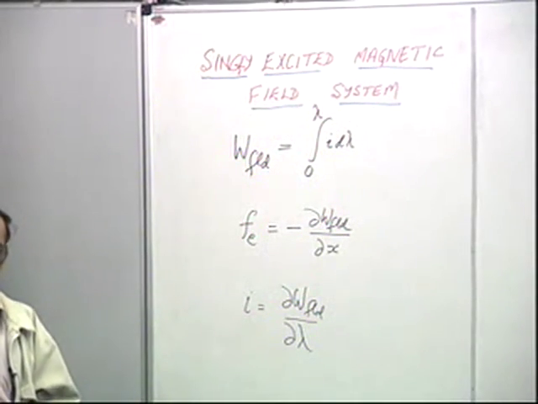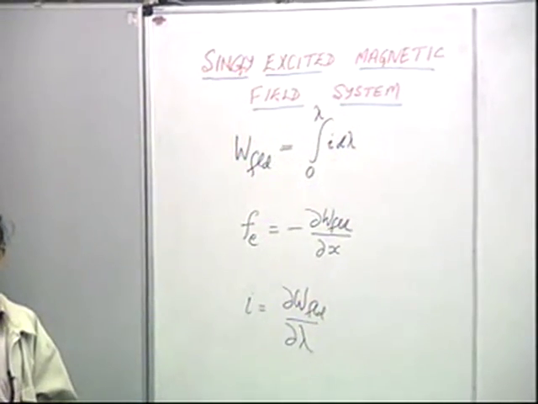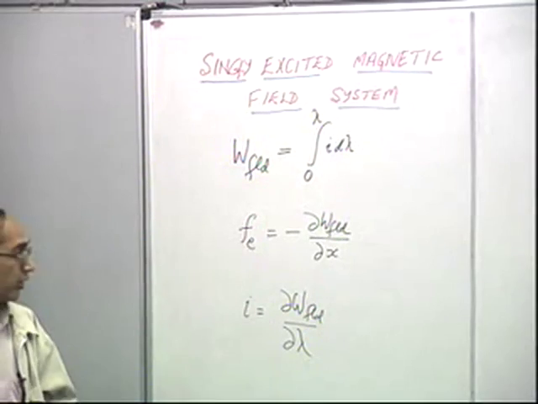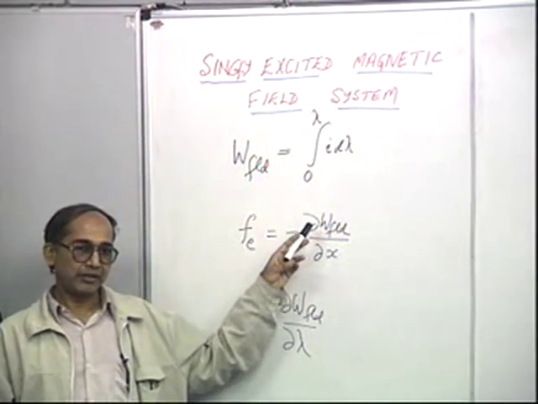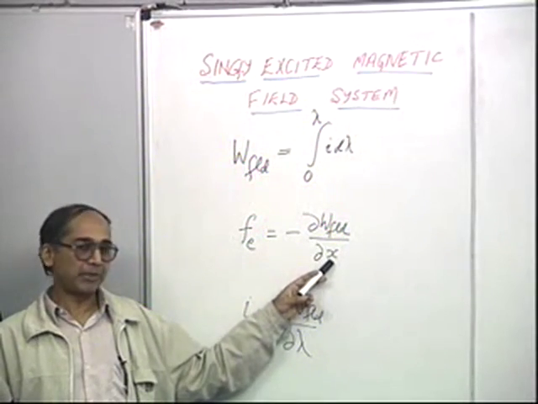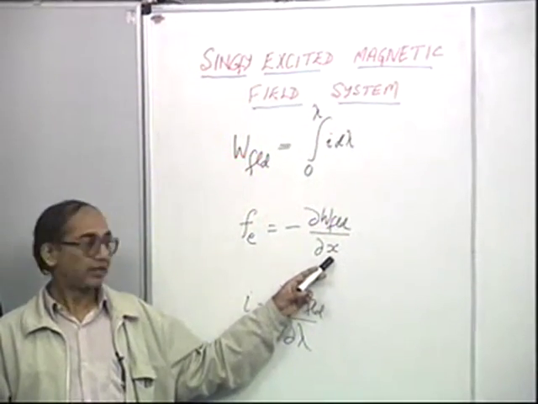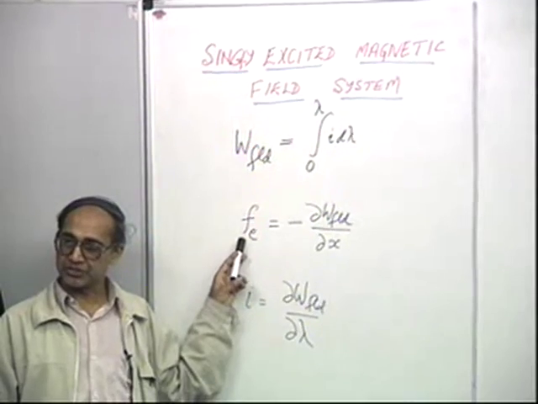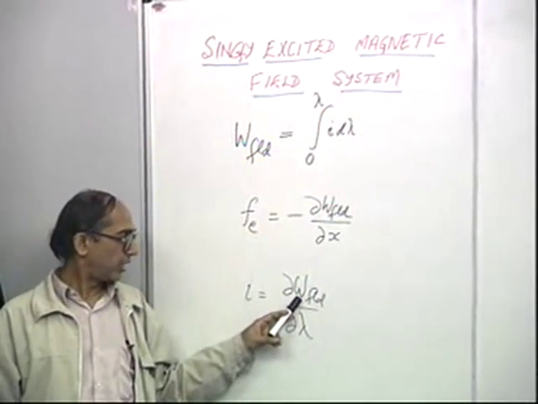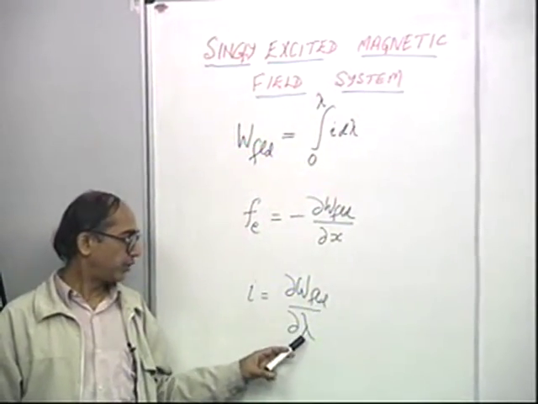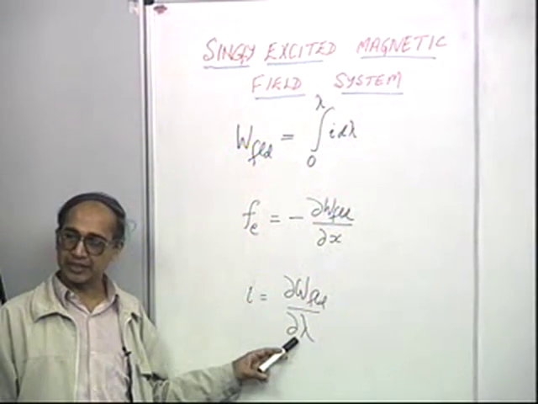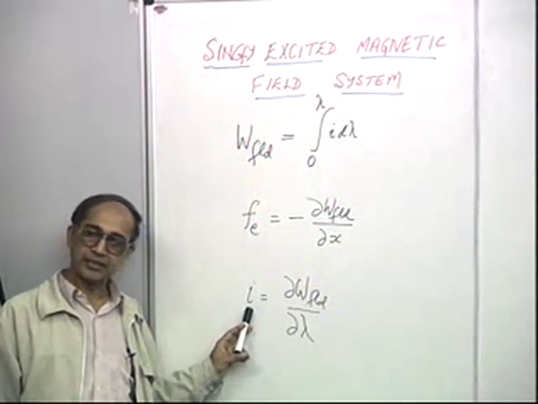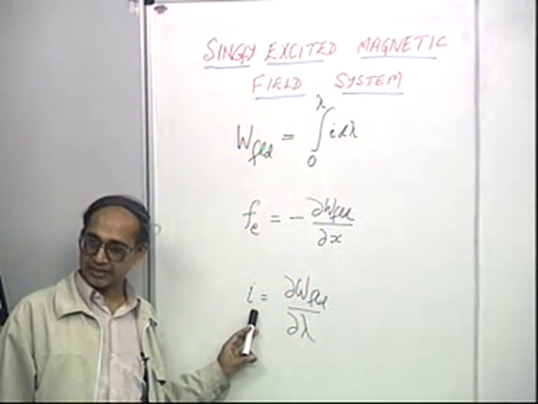That means if you take the derivative of this stored energy with reference to the mechanical variable x, you get the force response, and if you take the partial derivative with reference to the electrical variable flux linkage lambda, you get the response current.